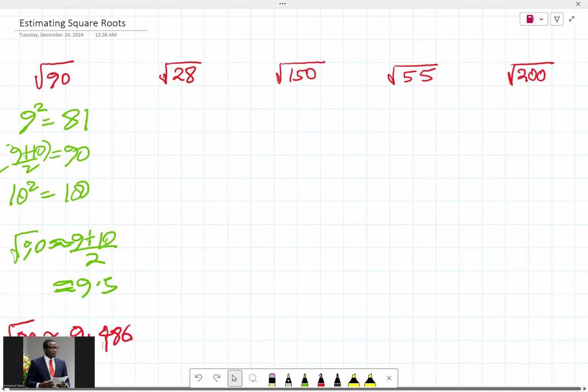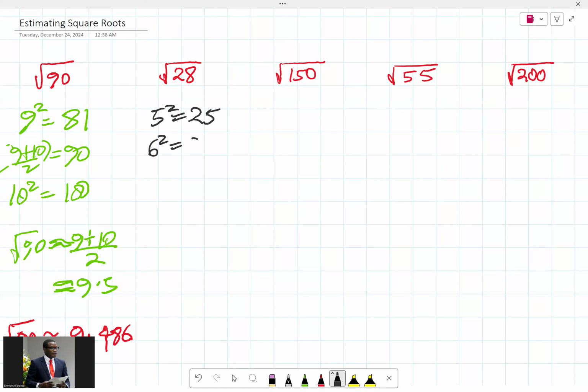Okay, let's move on to the next one. The next one is the square root of 28. The perfect square before 28 is 25, of course, which is 5 squared. Then 6 squared gives you 36.